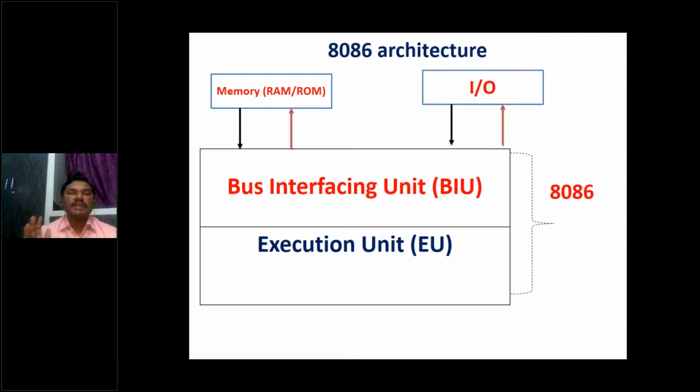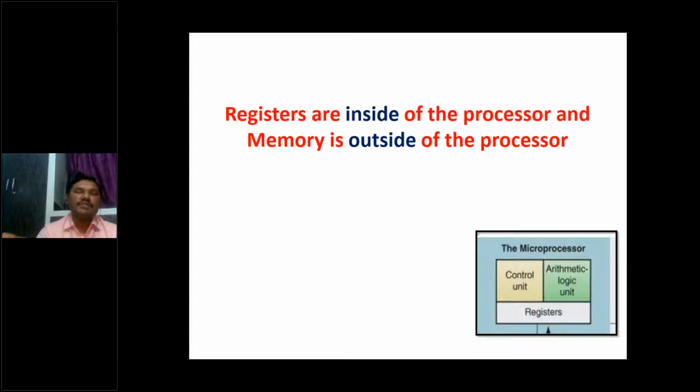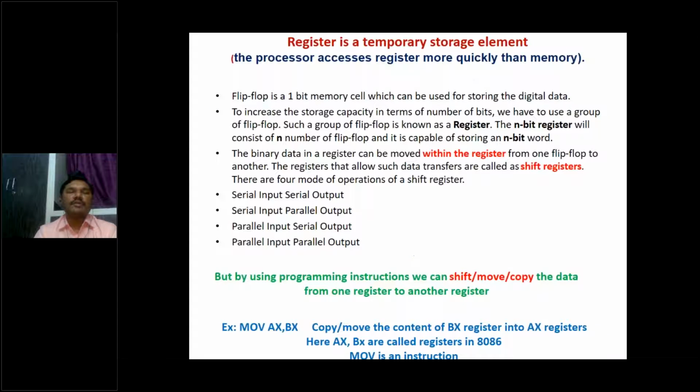That place is called the register set, because registers and memory are both storage elements, but memory is outside the processor, whereas registers are inside. So inside the processor we also need a device which can store the data.